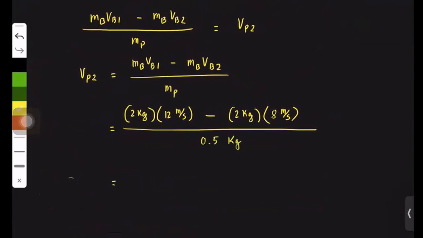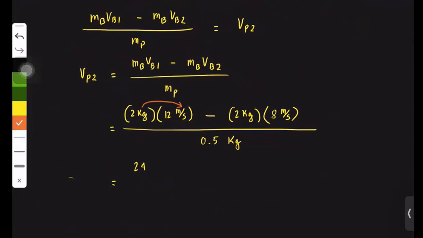Now, so that it will not be very difficult for you, you get your calculator and do the operation on the numerator first. When you have 2 times 12, that is basically 24. Remember that kilogram times meter per second doesn't have a special unit. Ibig sabihin, if you multiply them, that's it.